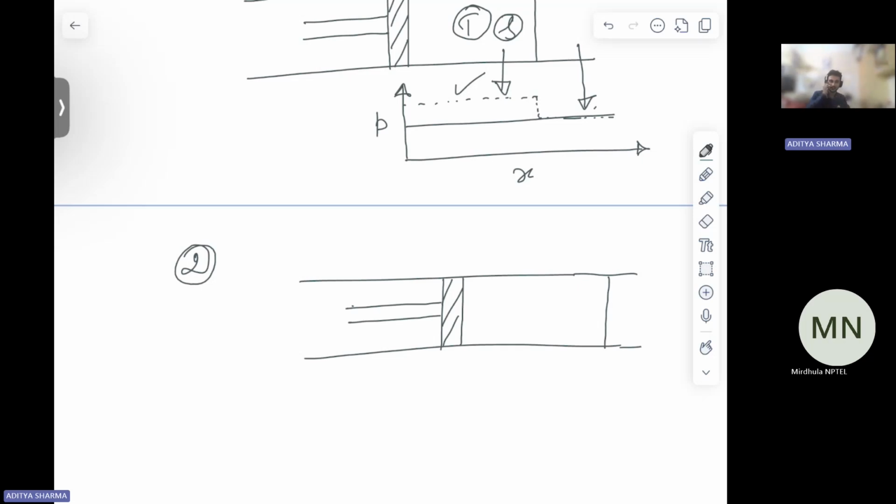Now we are making this piston move again, so this will create another compression wave. Regarding the velocities of these two compression waves, this is from the first and this is from the second. For the second compression wave, the velocity will be high because in this region at the back of your first compression wave, the static temperature has increased.